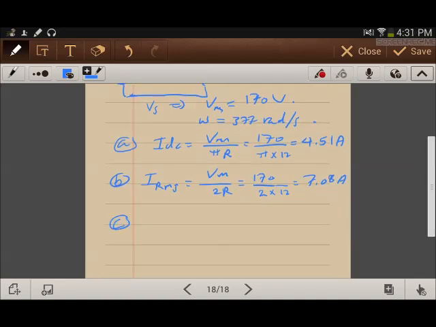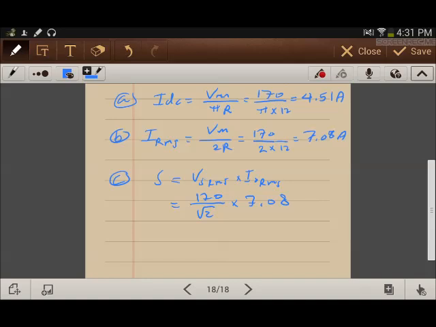Then they ask the apparent power. The apparent power is the source RMS value multiplied by the output RMS value. So the RMS value of the voltage on the source side is 170 over root 2 multiplied by 7.08, and this will equal 851.5 volt ampere.